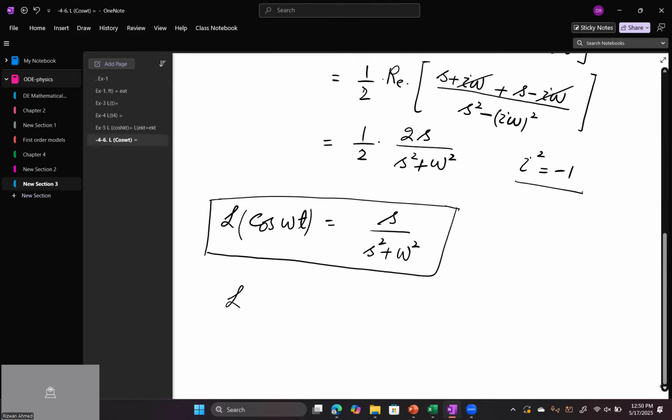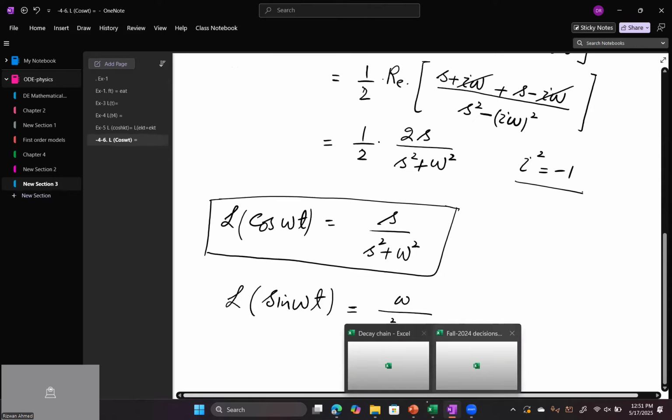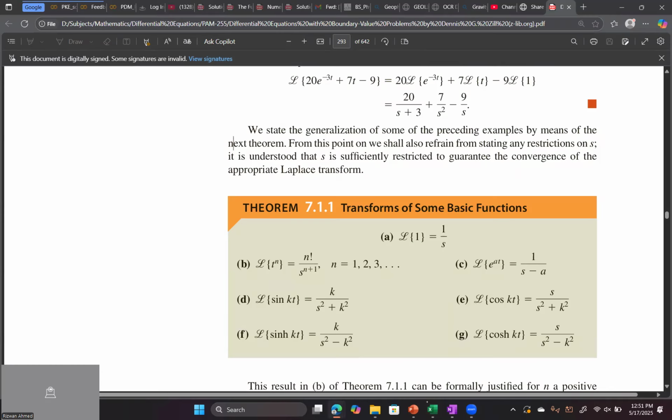Likewise, the Laplace transform of sine of omega t can be calculated with the method I have just shown, or from the first definition. That will turn out to be omega over s squared plus omega squared. So the fundamental set of Laplace transforms, the very basic ones, has been evaluated.